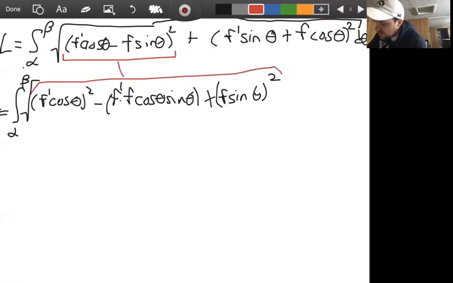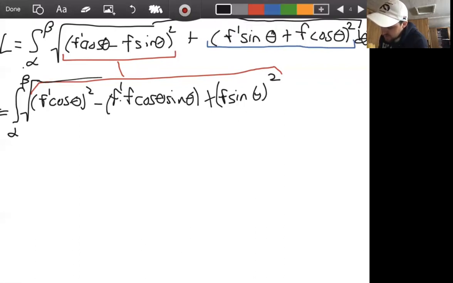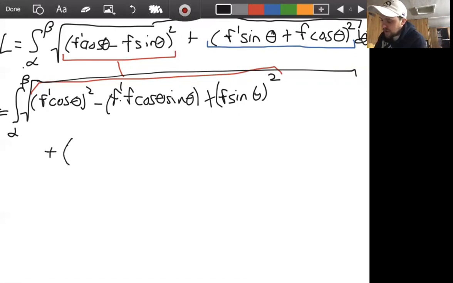Okay, and I'm going to do the same thing for dy d theta squared. I'll do it one line lower here. So this is all under the square root, right? So then we have plus, and now I'm squaring f prime sine theta. So I'm just going to write that as f prime sine theta squared. And now I have the product of f prime sine theta with f cosine theta.